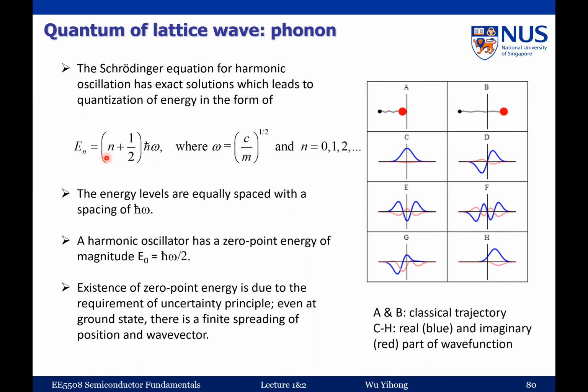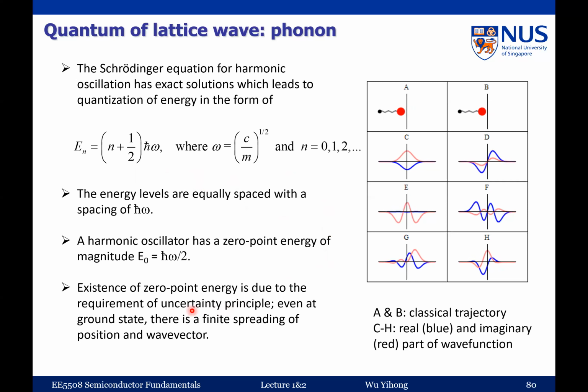Now, when n is 0, that is basically the ground state. We can say that at the ground state, we still have a finite energy, right? In the classical case, depending on the reference for the potential energy, if the reference is at the equilibrium point, then at the ground state there is no vibration and the energy should be 0. But in quantum mechanics, this is not the case.